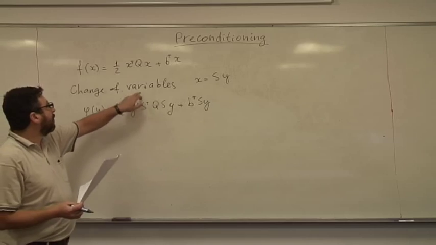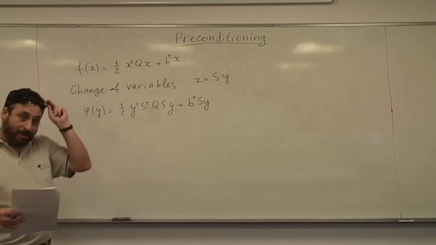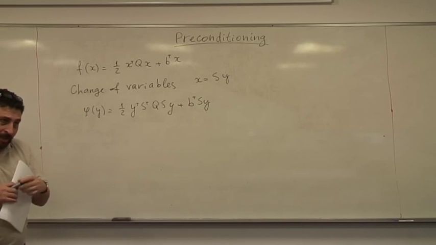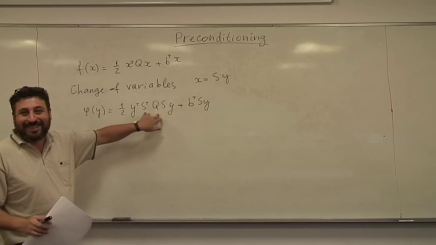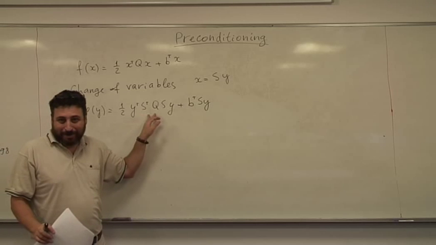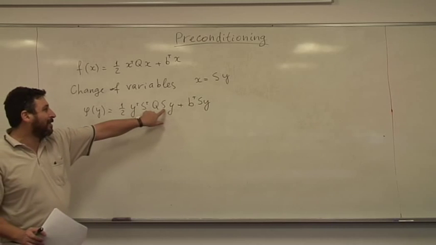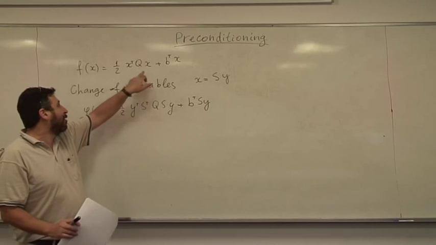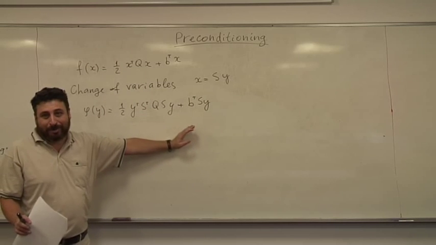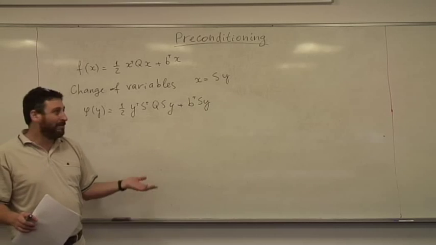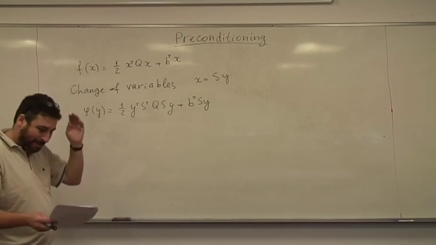So we get, instead of Q, S transpose Q S. And the goal of this manipulation is that sometimes we know somehow the right matrix S which, on one side, is easy to compute, and on the other side, the condition number of this matrix S transpose Q S is better than the condition number of Q. Then we apply conjugate gradient in variables y and get our solution faster, and then we substitute and get the optimal x.